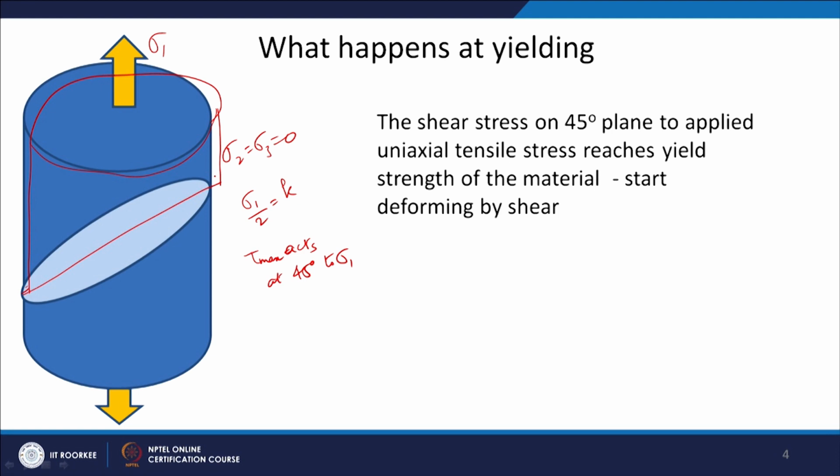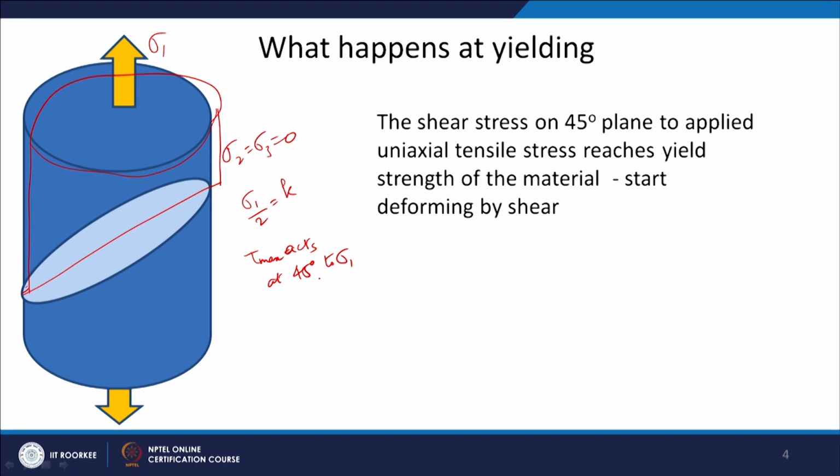So, there is a slip which is taking place, by which the upper part has slipped with respect to the lower part at 45 degrees to sigma 1. When I reach the yield point, my material will shear, and that is how it shears.